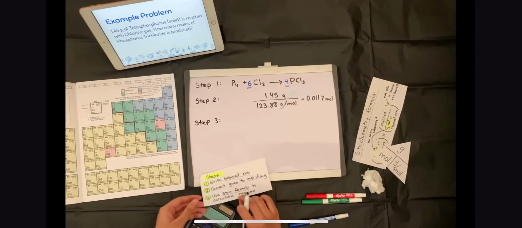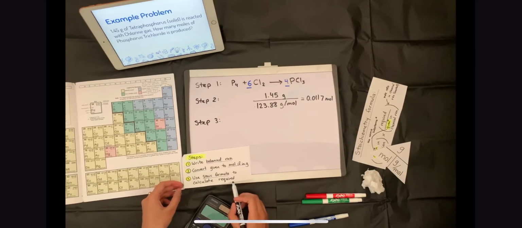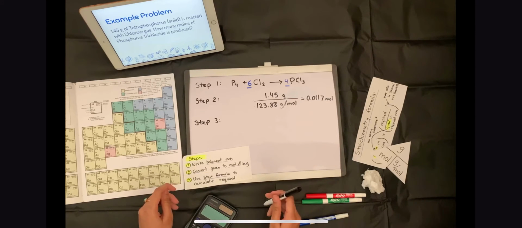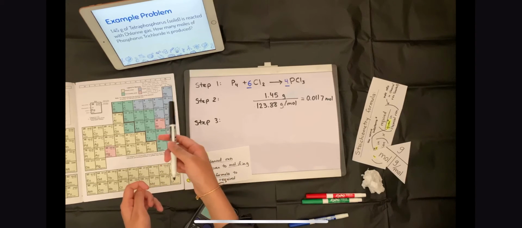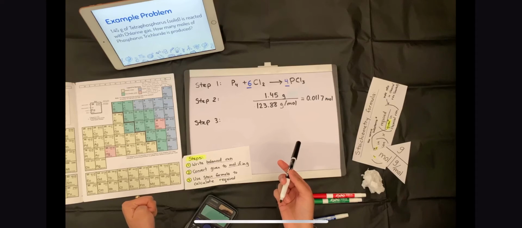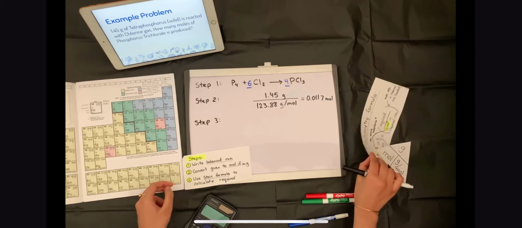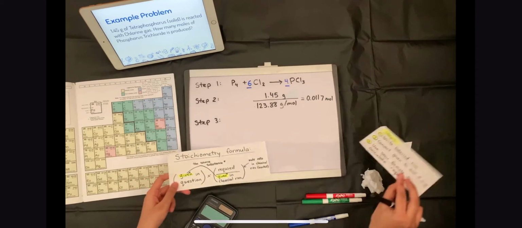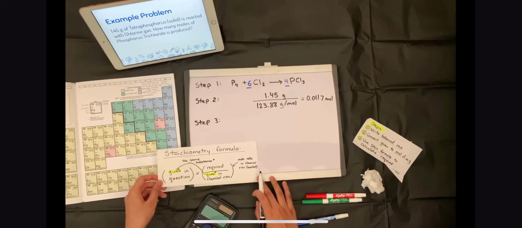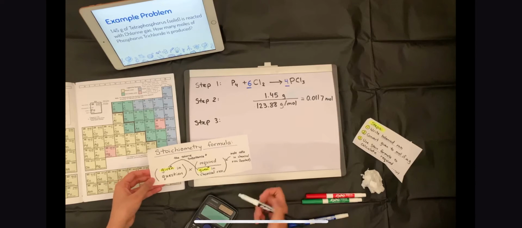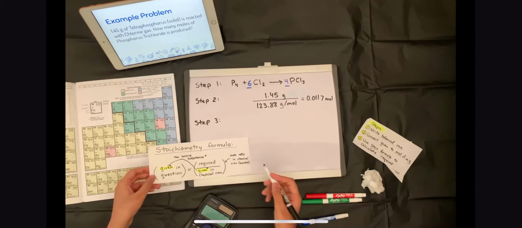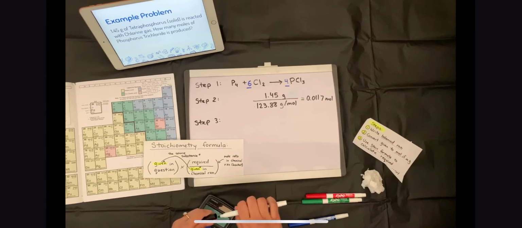Step 3 is to use the stoichiometry formula to calculate the required. So our required is the phosphorus trichloride, and we need to find out how many moles were produced. To do that, we have to use the stoichiometry formula, which is over here. The formula says the given in the question in brackets first.